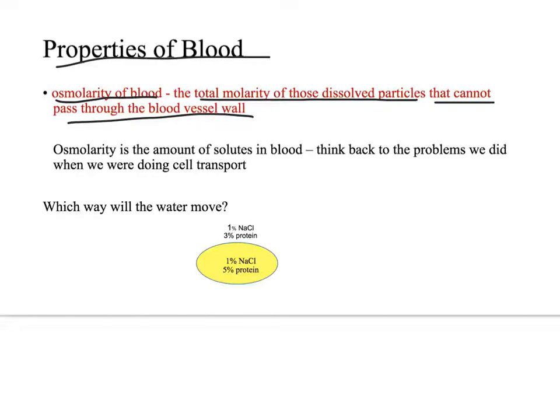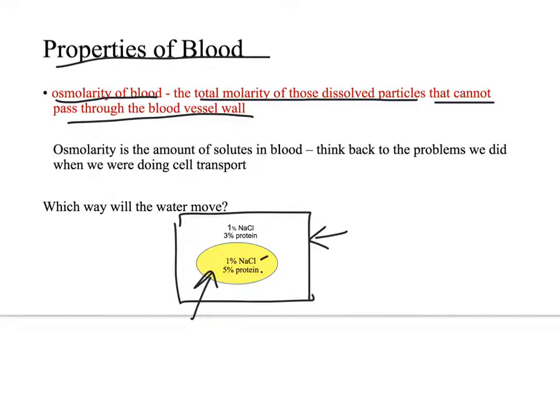So here's the problem. Here's our beaker, and here's the cell in the beaker. The cell has 1% sodium chloride and 5% protein.